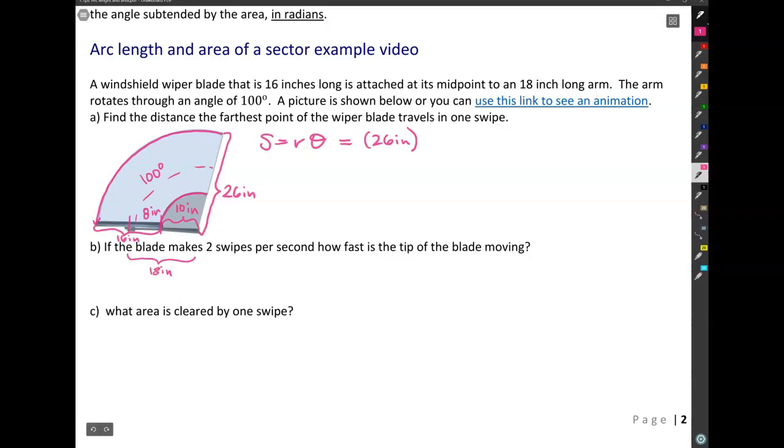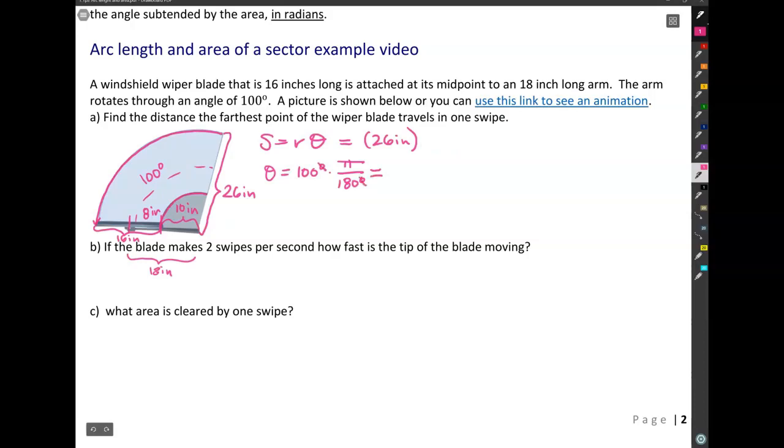But if we're going to use the arc length formula, we've got to convert that. So theta is 100 degrees, but we're going to multiply by pi over 180 because we don't want those degrees in our units. If we multiply right now by 100 degrees, your big clue that that's not good is that your units become degree inches, they become nonsense.